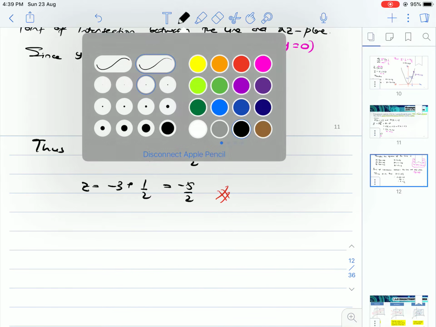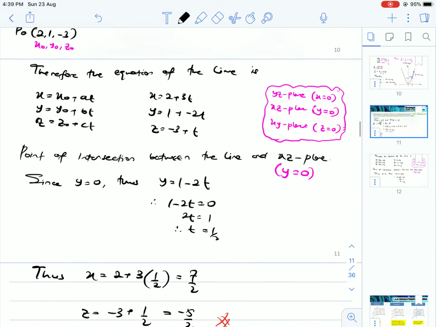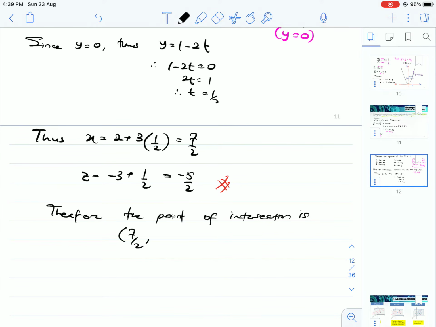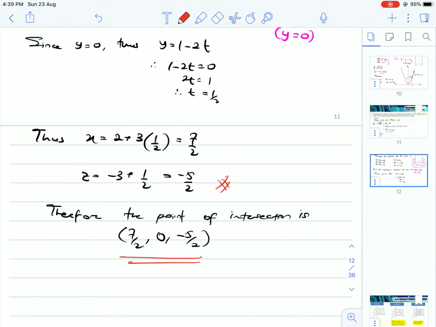So now, the point of intersection is 7 over 2, y equals 0, and z equals negative 5 over 2. Okay, that's it. This is the final answer.